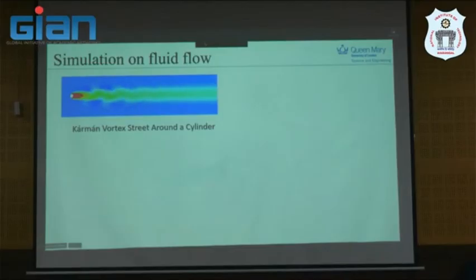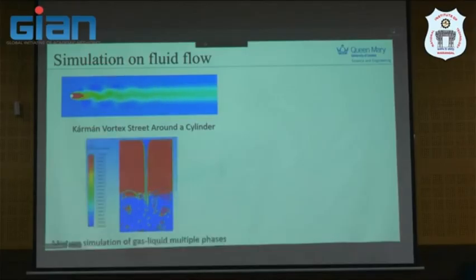It's a periodic pattern of vortices following a cylinder at certain Reynolds numbers. And the second one is the mixed simulation of gas and liquid. In this case, the volume of fluid method is used to track the interface between liquid and gas.